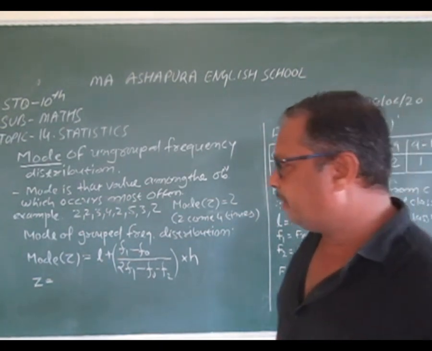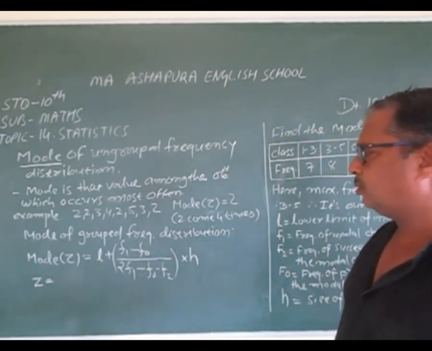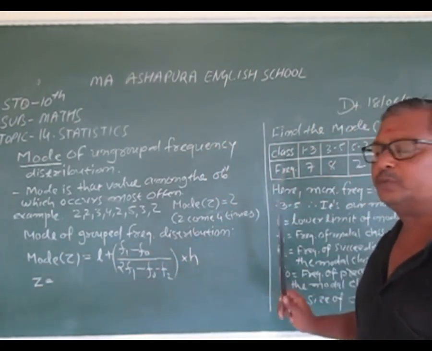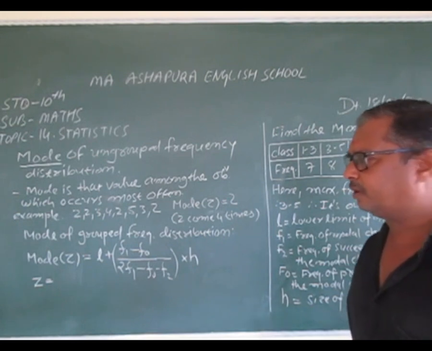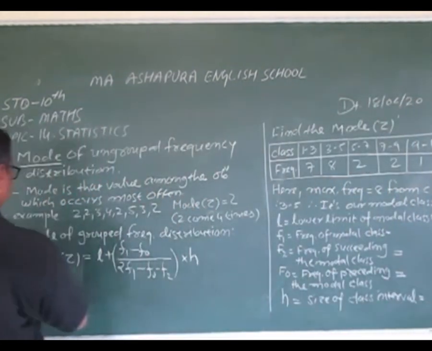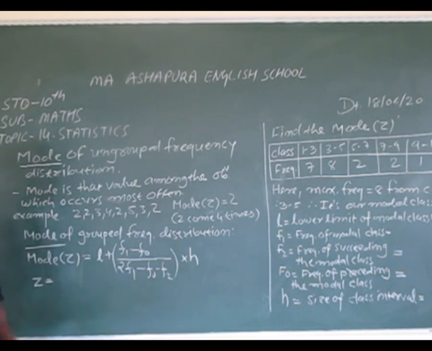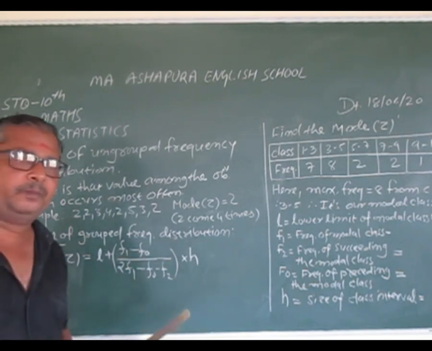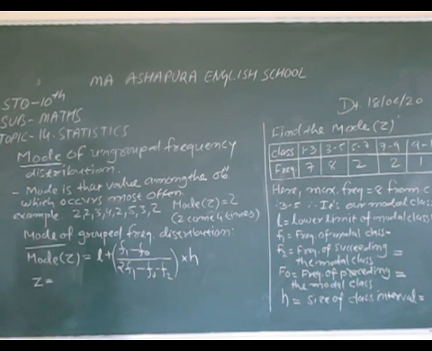Now, we go on to find the mode of the grouped frequency distribution. Here the formula is, look here: mode Z is equal to L plus, in brackets, F1 minus F0 divided by 2F1 minus F0 minus F2, bracket closed, multiplied by H. Once again I repeat, please see carefully.